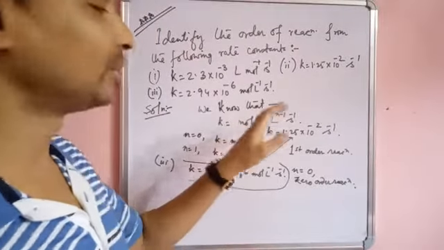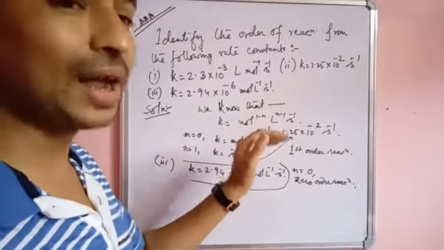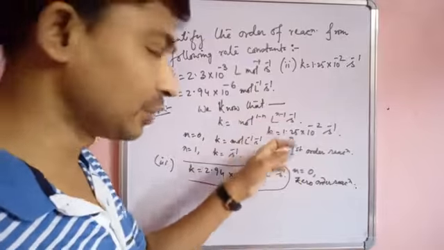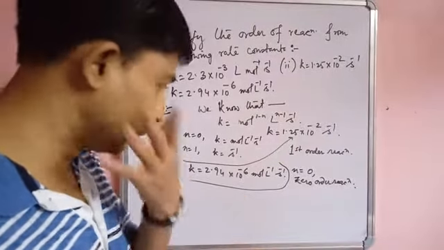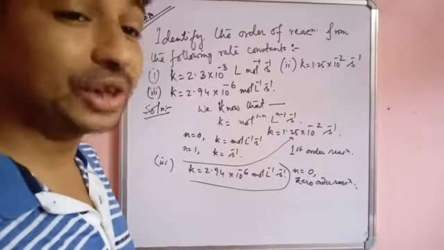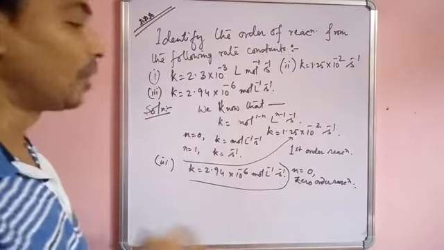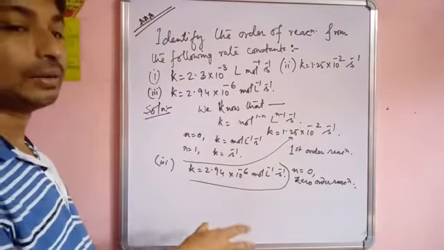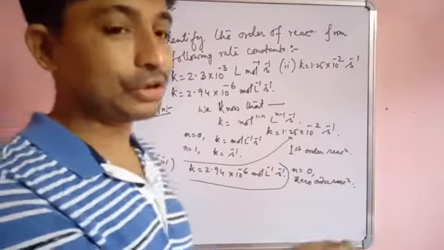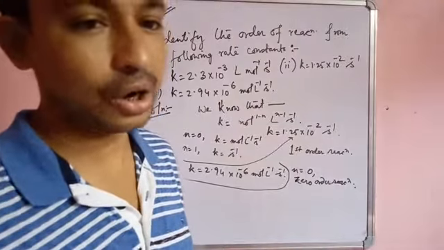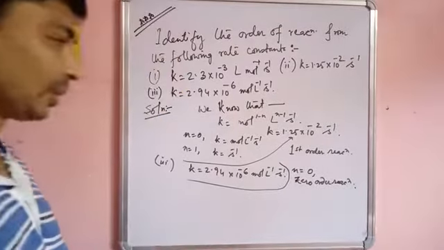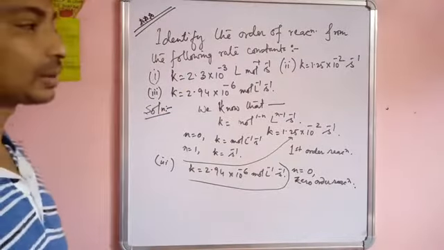Just go on putting the value of n: n equal to 0 first, then n equal to 1, then n equal to 2, then n equal to 3. Whatever value coincides with your given value will determine the order of reaction. So such a question can come.